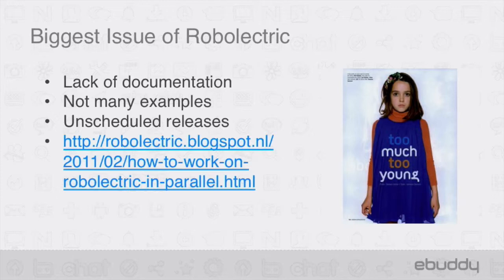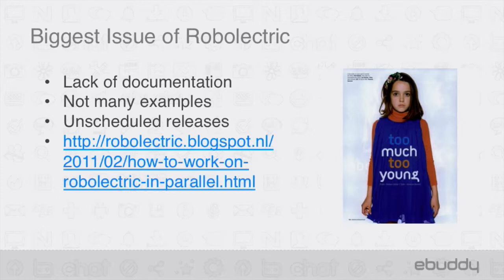If I just jump into Robolectric, how can I start? Where are the examples? Where is the documentation? This is still at a very low level. So the best way to get knowledge is to go to the group or to the Stack Overflow topic.